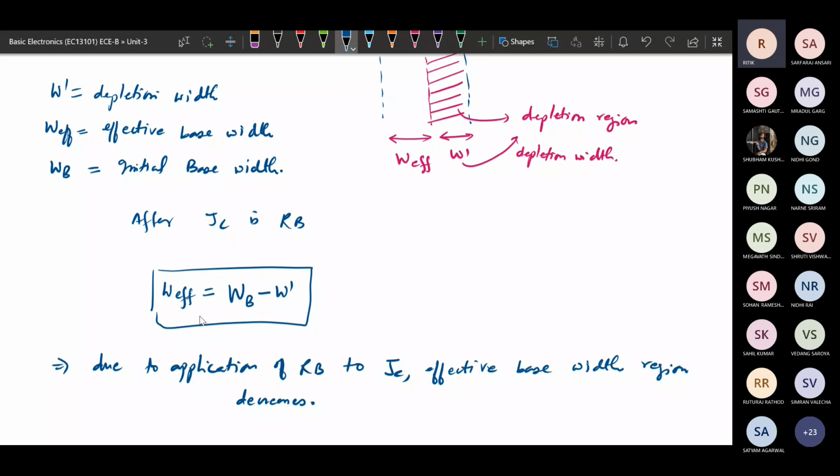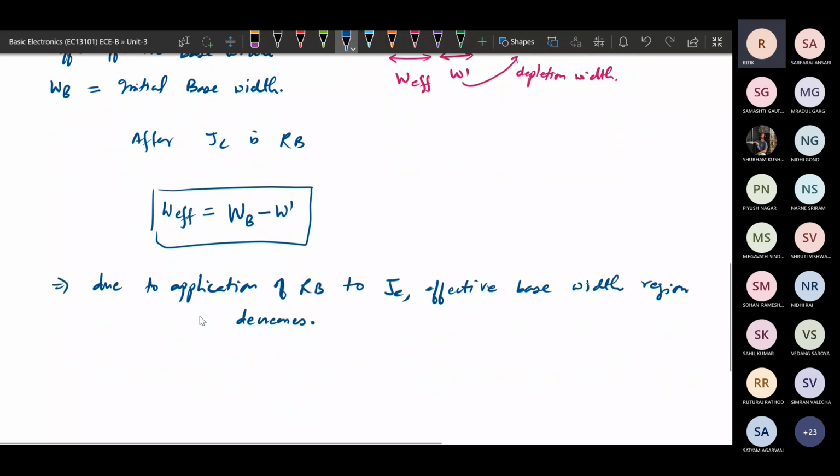Okay, so this was the conclusion. When we reverse bias the collector junction, the effective base width of the base region is going to reduce.